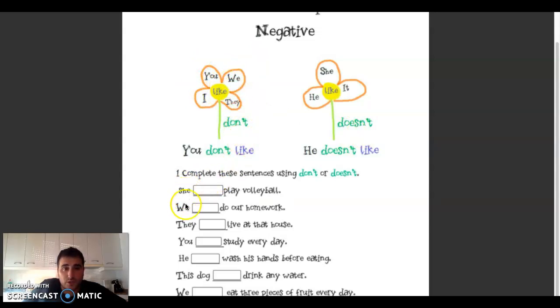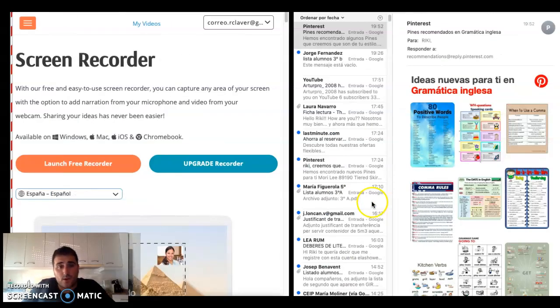Okay, so you only have to pay attention to who makes the action. Okay, remember this dog is like if we say it. All right, yes, okay. I hope you understand the exercise and you send it to me correctly, or you do it on live worksheets.